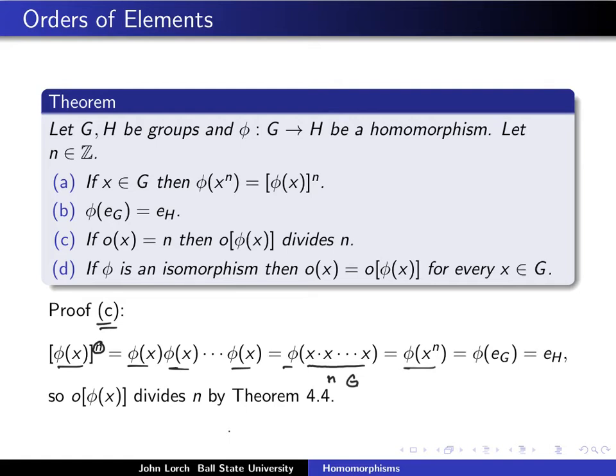But remember, that n is the order of x, and therefore x to the n is the identity. So we're taking phi of the identity, but then part B of the theorem says that you just wind up with the identity in H. And so what have we learned? Well, we've learned if we take phi of x to the nth power, you get the identity. And if you remember back in section 4 where we learned about orders of elements, theorem 4.4 then would tell us that the order of phi of x must divide n.